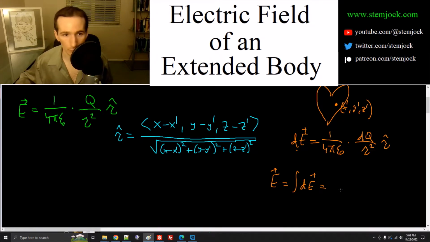Now, what the integral does is it automates the process of adding the individual vectors from each point in this body. So I'm going to bring the constant out in front. So this is 1 over 4 pi epsilon 0 times the integral of dq over r squared r hat.